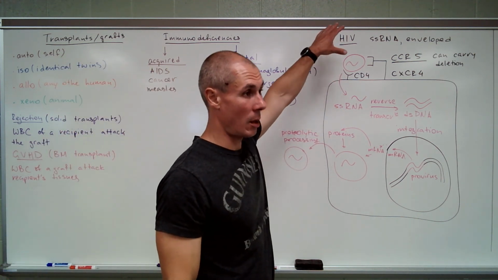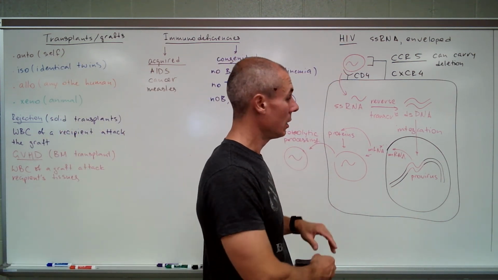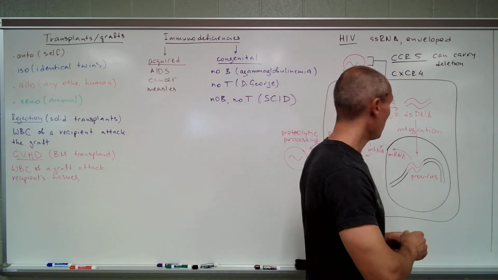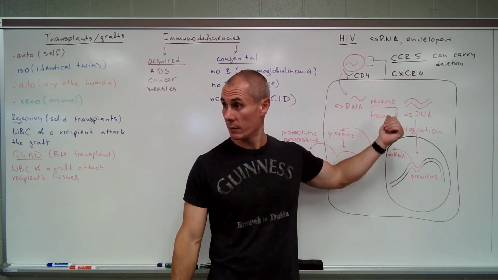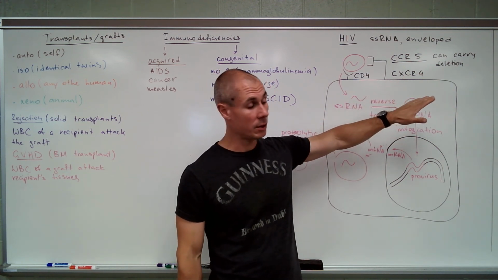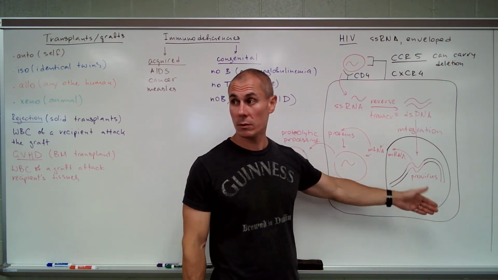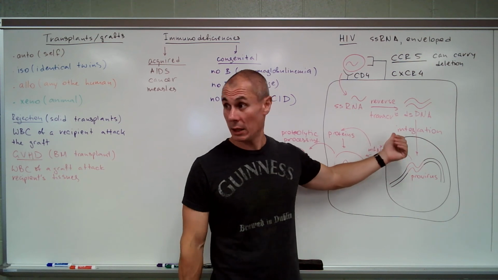Virus binds to the receptors, makes it into the cell. Single-stranded RNA is converted to double-stranded DNA by reverse transcriptase. Double-stranded DNA is integrated into the human genome of the CD4 cell by integrase.